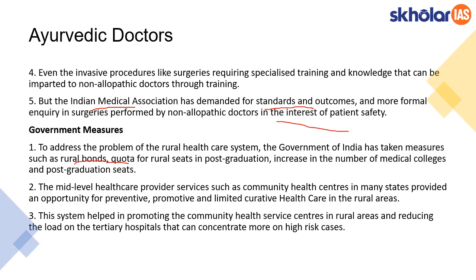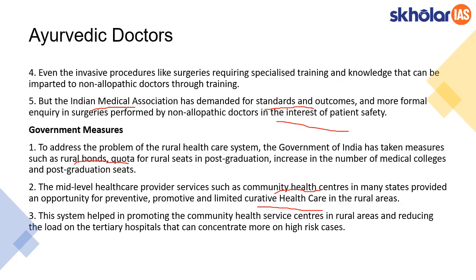And next thing is the mid-level healthcare provider service, like community health centers at rural level or at panchayat level. These are taking shape as a preventive healthcare system. They are giving an opportunity for curative healthcare in rural areas.